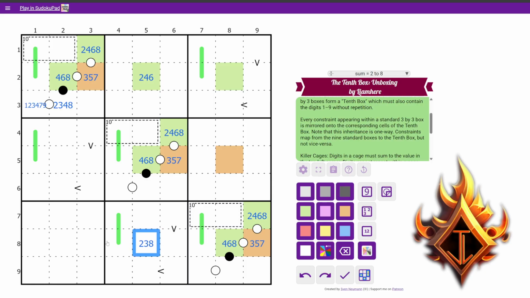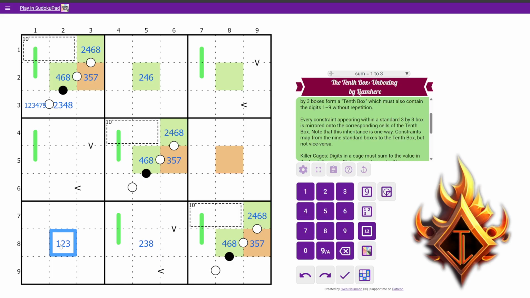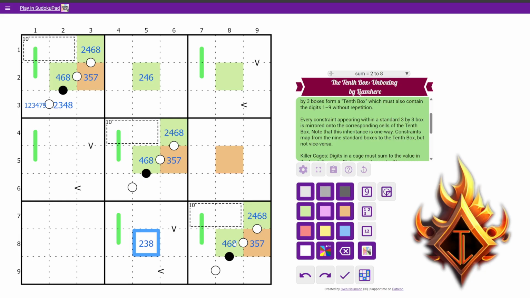This one and this one will be consecutive, so it can be 1, 2, 3, 4, 7, 9. This one is also smaller than that one because of that, so this cannot be 8.